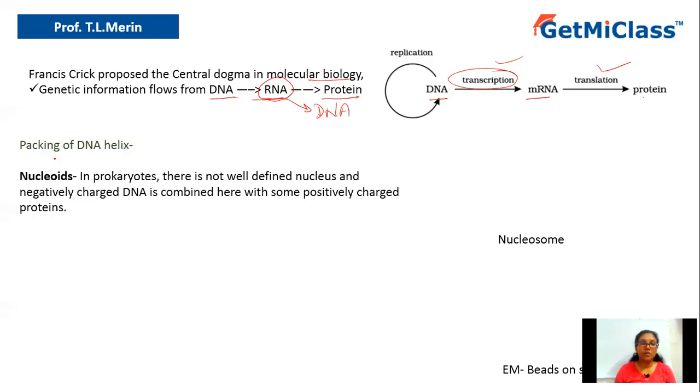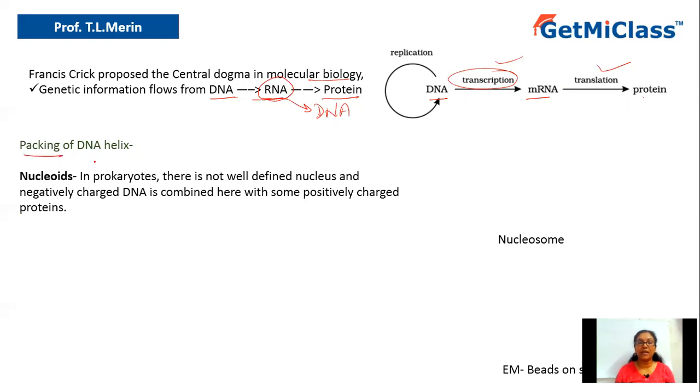Now, when we talk about packaging of the DNA double helix, we know when we unwind it, it will look like a double helix, like a staircase. But how is it packed within the nucleus? Okay, how is it present? How is it so coiled and how is it so compact? Because of the packaging.